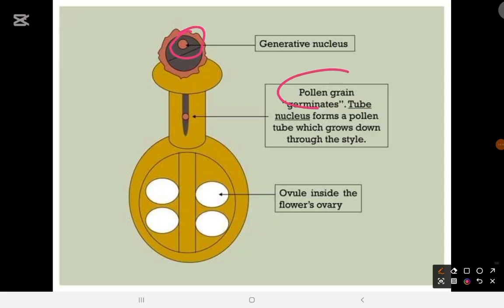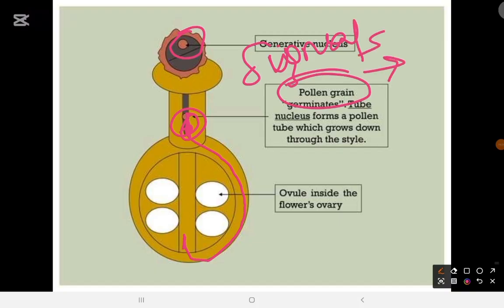Now we have the generative nucleus here. I have the pollen tube and the tube nucleus. The tube nucleus is the one that migrates to this portion and begins to lead the direction of growth. One of the things the tube nucleus does is that it is receptive to chemical signals produced by cells called synergids.